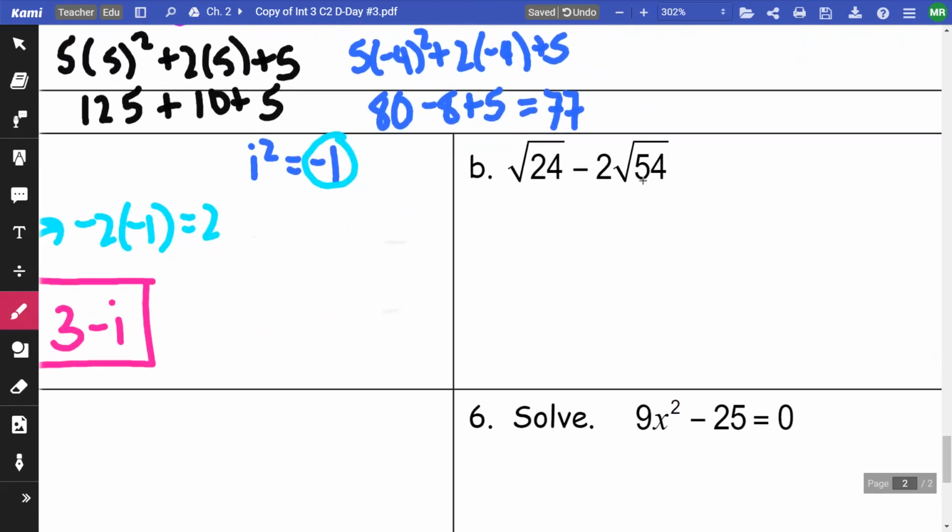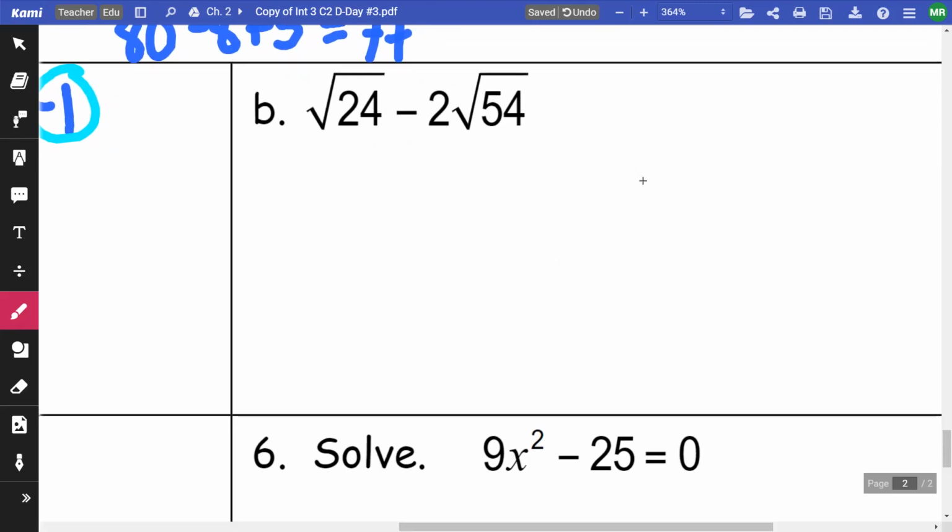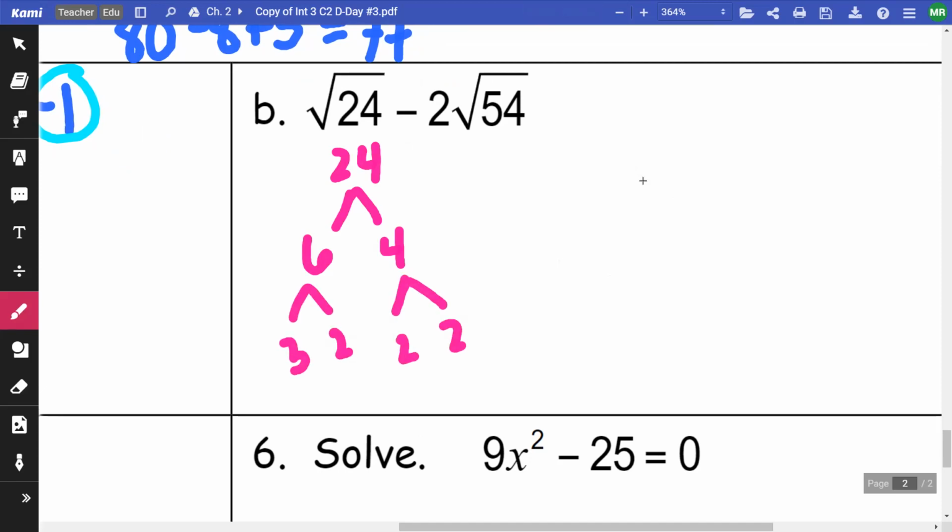Okay, on B, this is where we want to simplify these radicals. We cannot add radicals that are different. They have to be the same square roots in order to combine them. So I'm going to take 24 and break it down to primes. This is a 6 and a 4, which is a 3 and a 2 and a 2 and a 2.